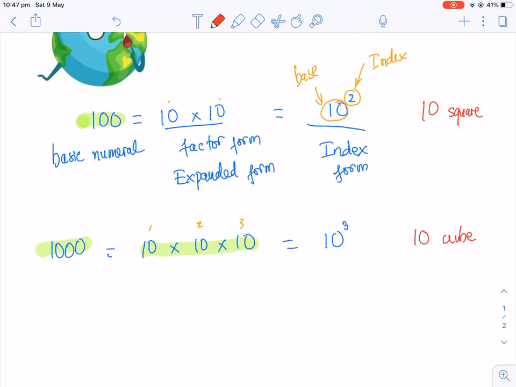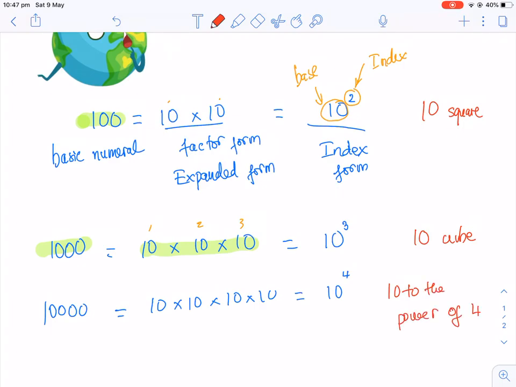How about 10,000? So 10,000 equals 10 times 10 times 10 times 10, 4 times. And easily you know the index form now is 10 to the power 4. But there is no special name for this one. We just call this one 10 to the power of 4.